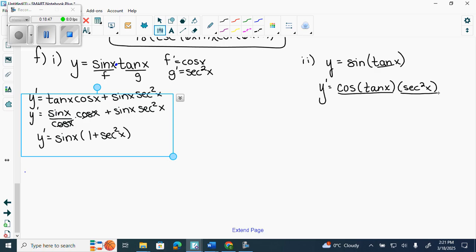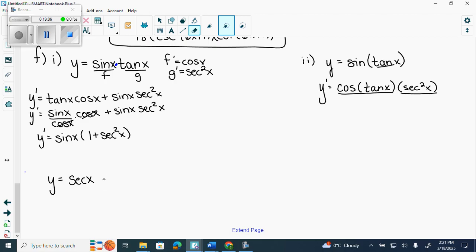The last thing we can do is if I give you y equals secant x sin x. Give me the derivative of that. So f is secant, g is sine. There's a multiplication because they both have an x. F prime is secant x tan x.